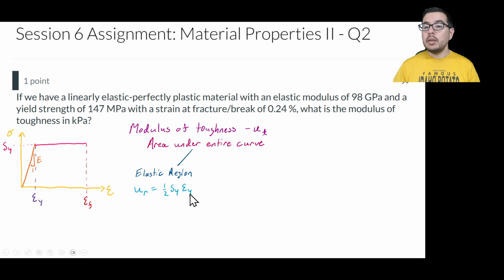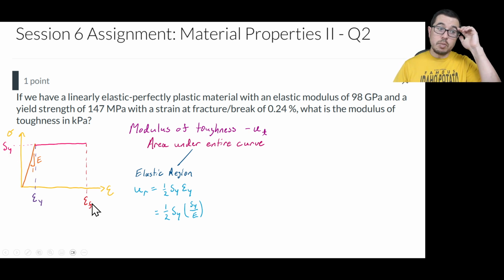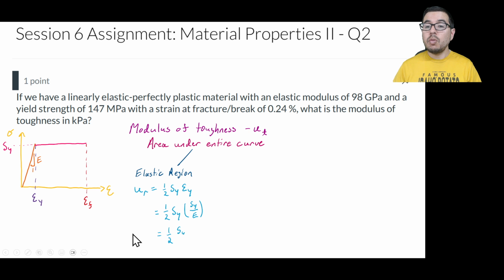That width is the yield strain, which is the yield strength divided by the elastic modulus. This comes from Hooke's law. So the area under that portion, or the modulus of resilience, will be 1/2 times the yield stress squared over the elastic modulus.